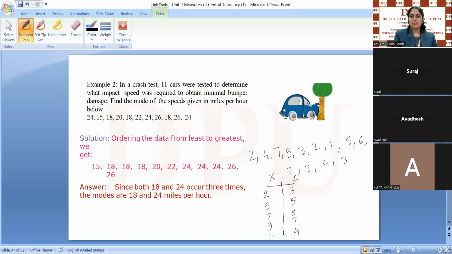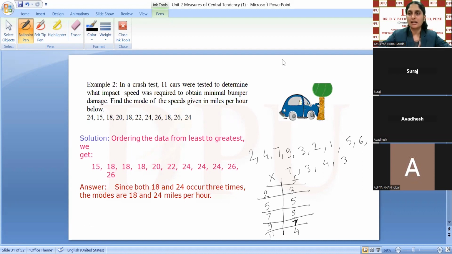So now can you tell me what is the mode here? This is 7, okay? 7 is the mode because 7 is repeating 9 times in your data.